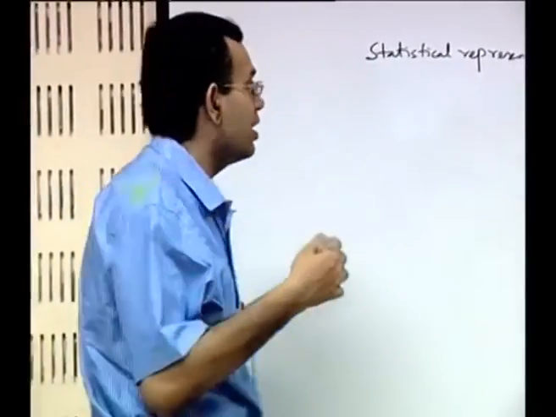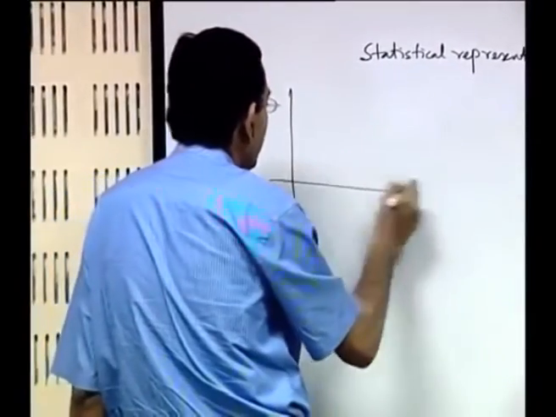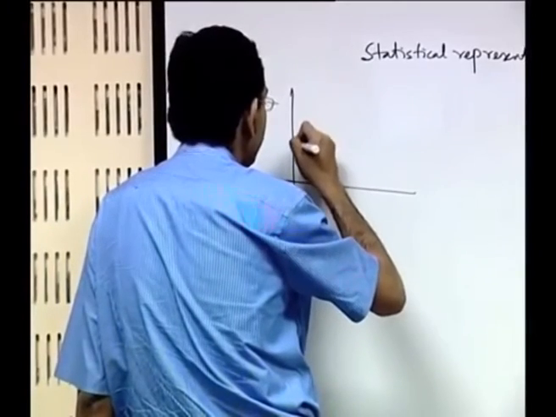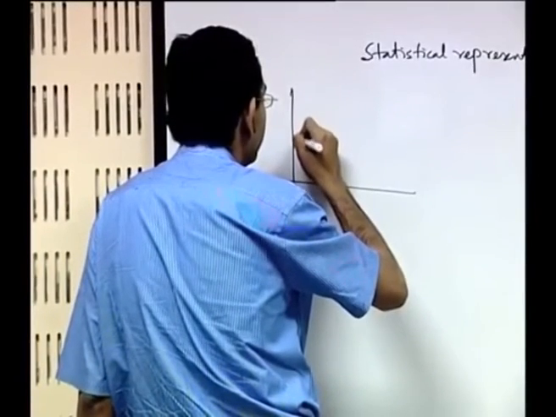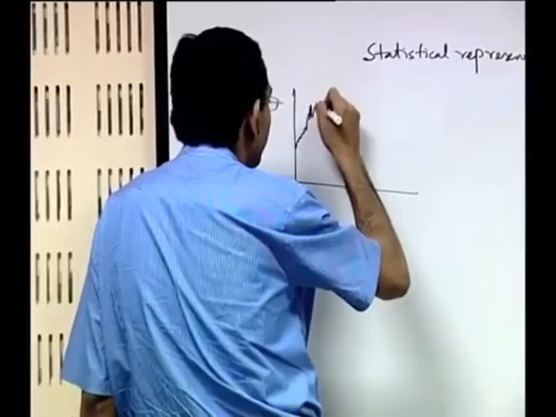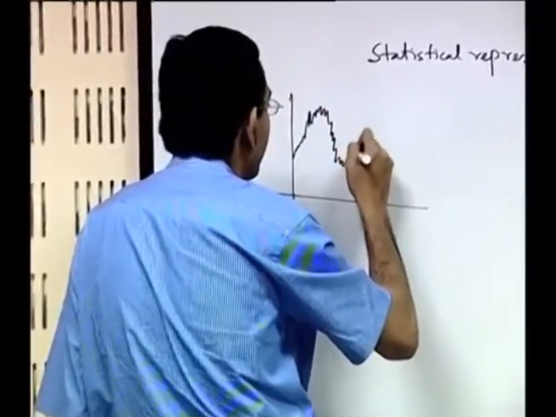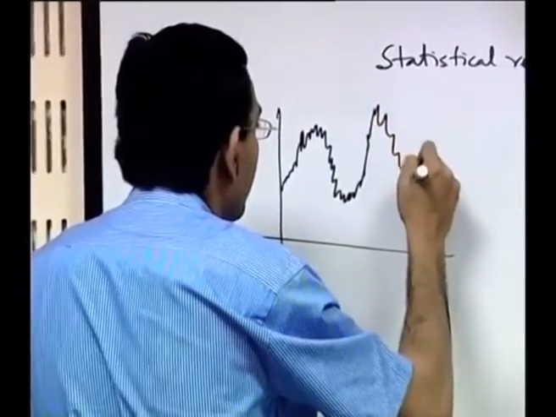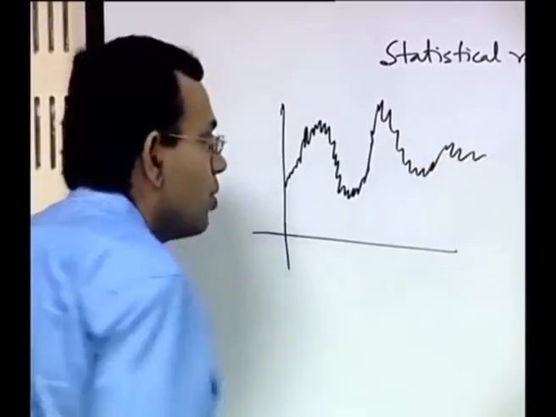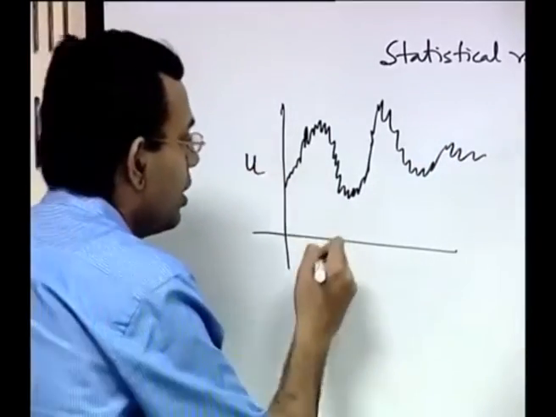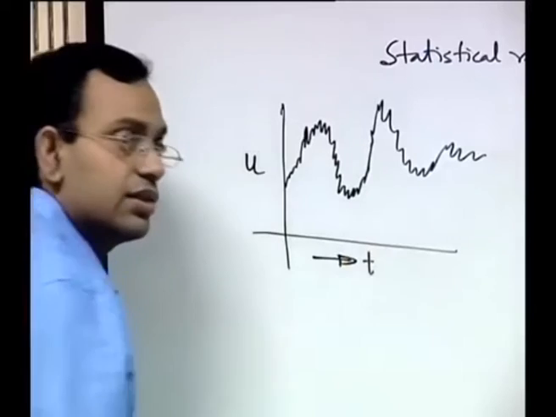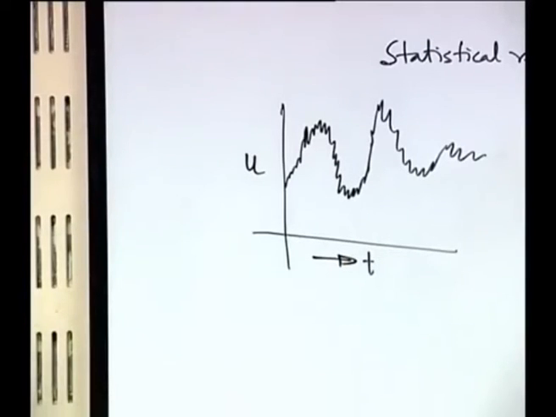So, the randomness in turbulent flow, for example, if you consider turbulent flow velocity at a particular location as a function of time, you can get such a scenario.